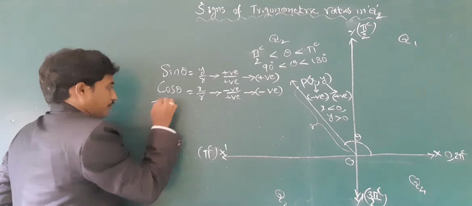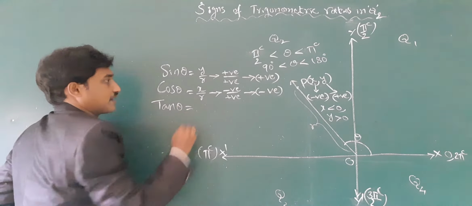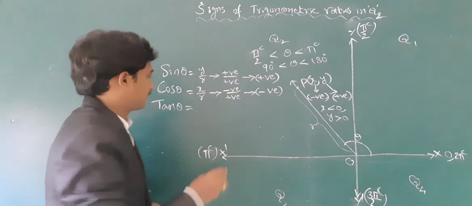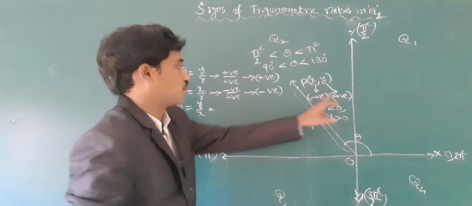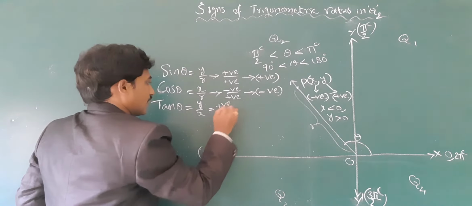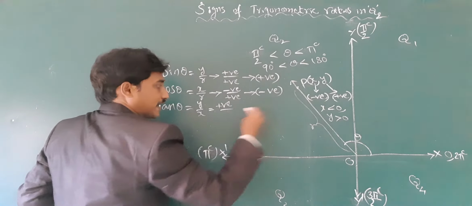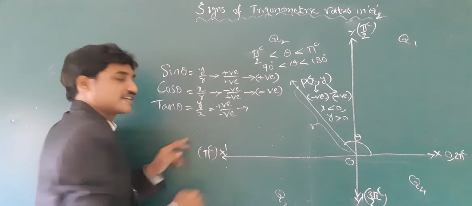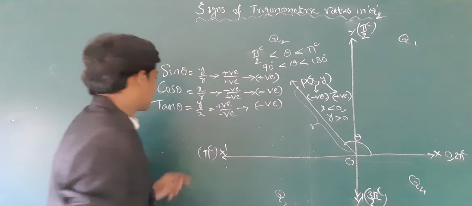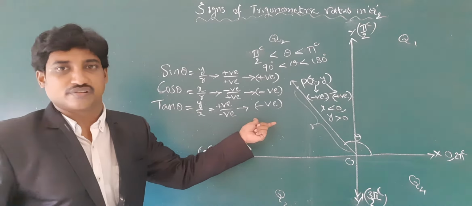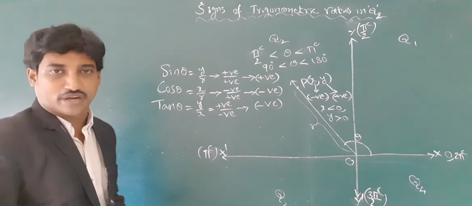Tan theta is y by x. Y is a positive quantity, x is a negative quantity. So positive by negative, we get a negative quantity. So tan theta is negative in the second quadrant.